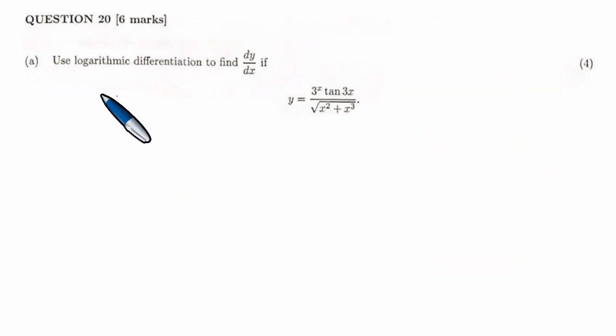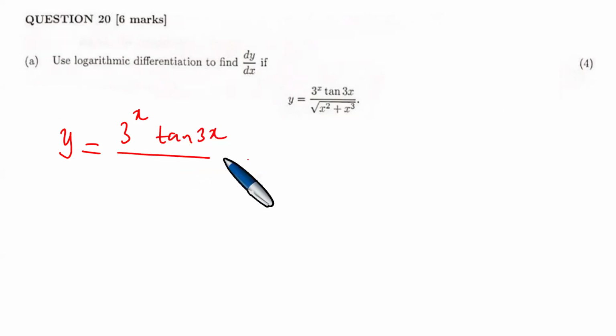Right, so now use logarithmic differentiation to find dy/dx. We've been given y equals 3 to the power x, times the tangent of 3x, divided by the square root of x squared plus x cubed.